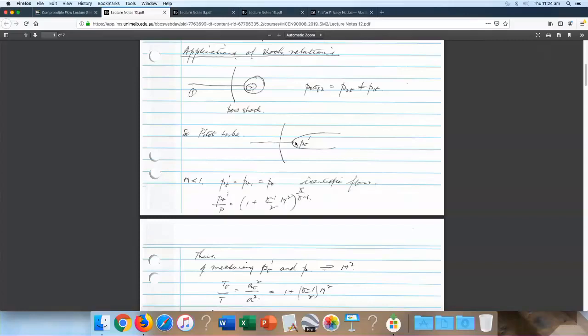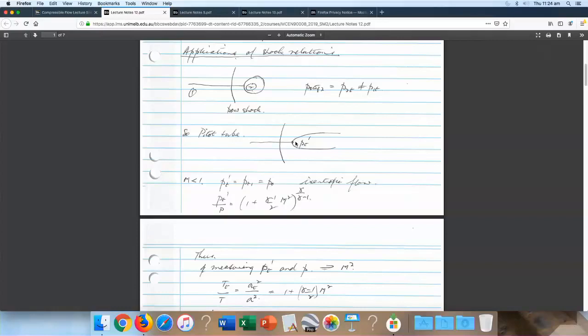So if I measure Pt prime and P, I can get the Mach number from this relationship, where P is the static pressure as if that probe were not there.